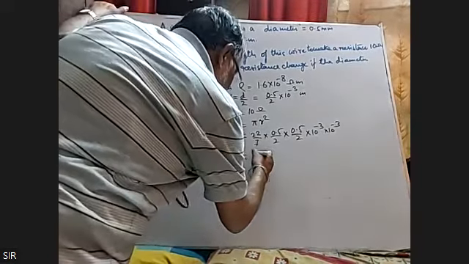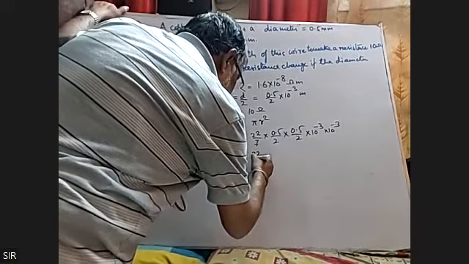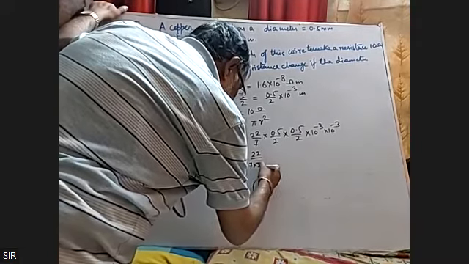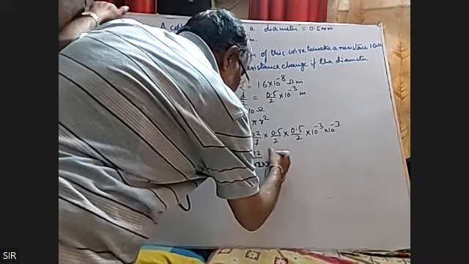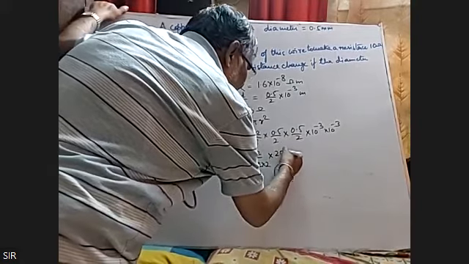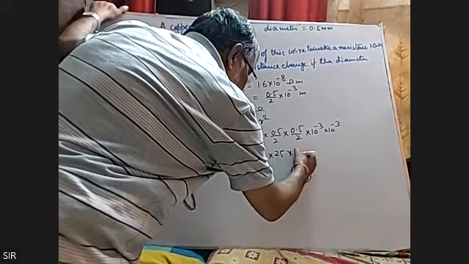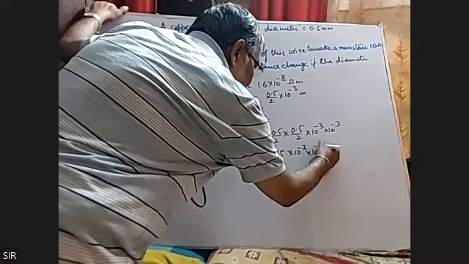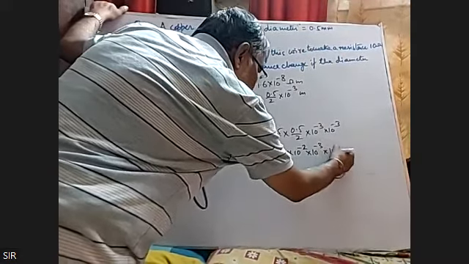Let's do one thing: 22 by 7 into 2 into 2 into 25 into 10 to the power minus 2 into 10 to the power minus 3 into 10 to the power minus 3.